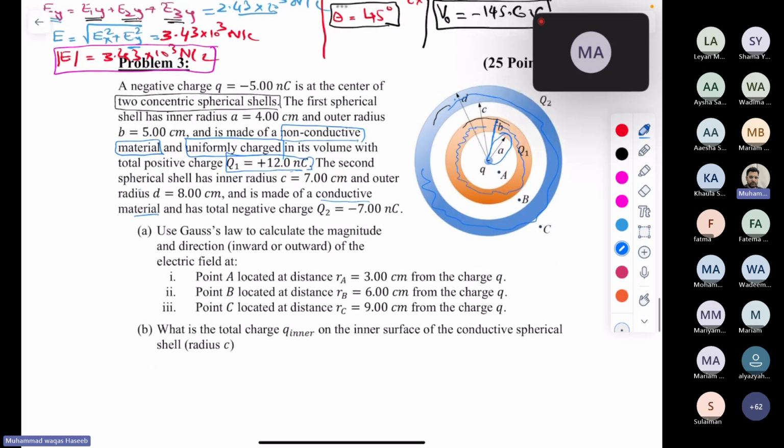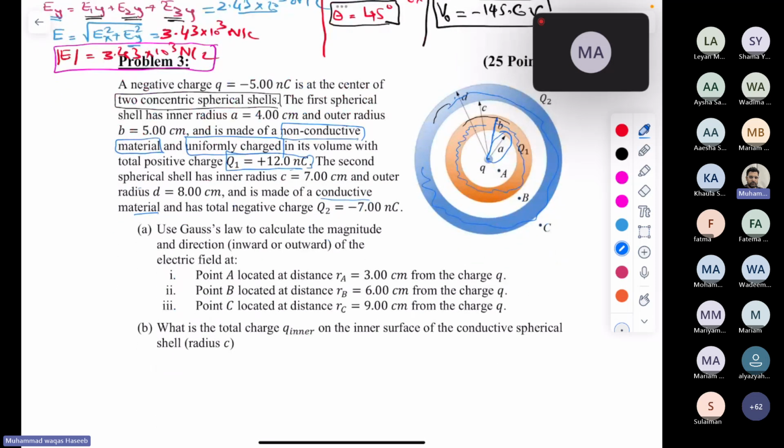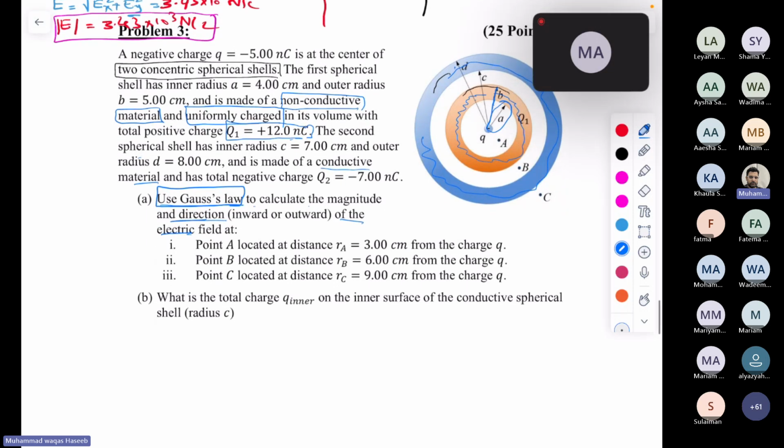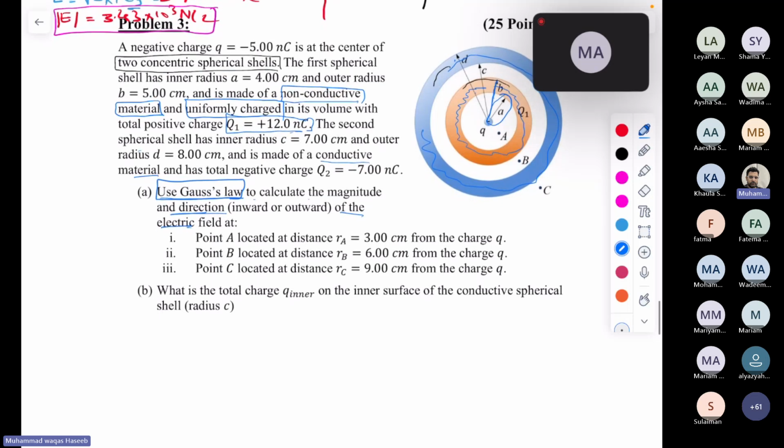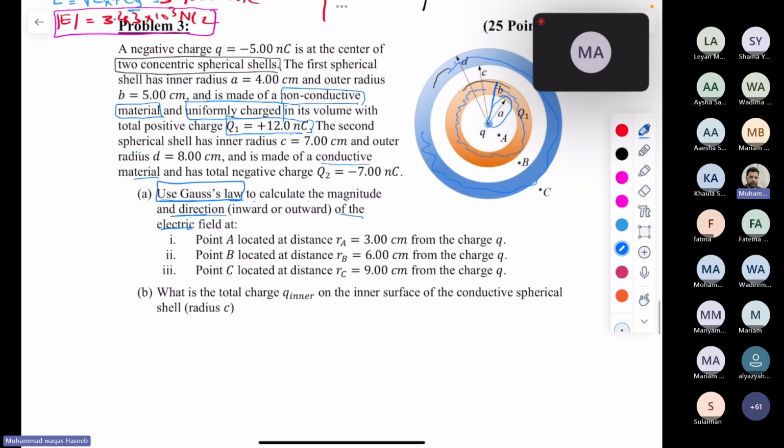Use Gauss's law to calculate the magnitude and direction of the electric field. Gauss's law will give you the answer.